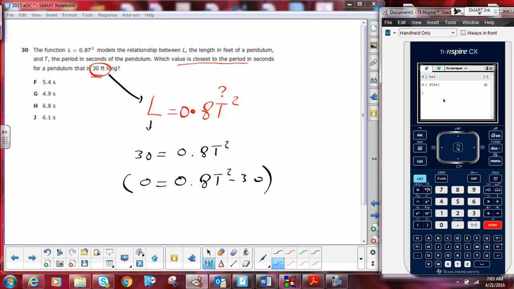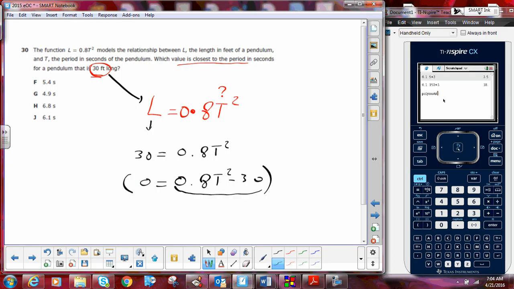Poly roots with an S. Then you open parentheses. You type your equation as you see it without the 0. And then you put your variable, which is t.